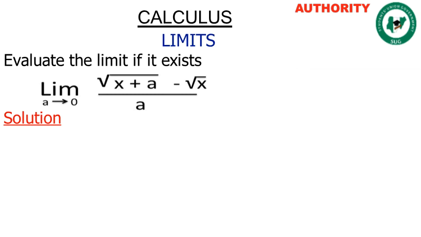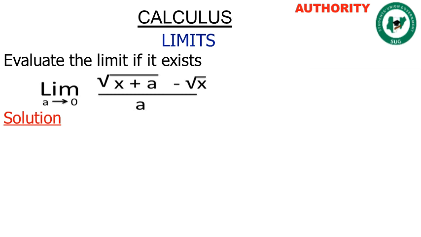You discover that if you plug in 0 wherever you see a, you are going to have 0 over 0. So to avoid this, what are we going to do? Now pay attention. We have the limit as a approaches 0 of square root of x plus a minus square root of x all over a.